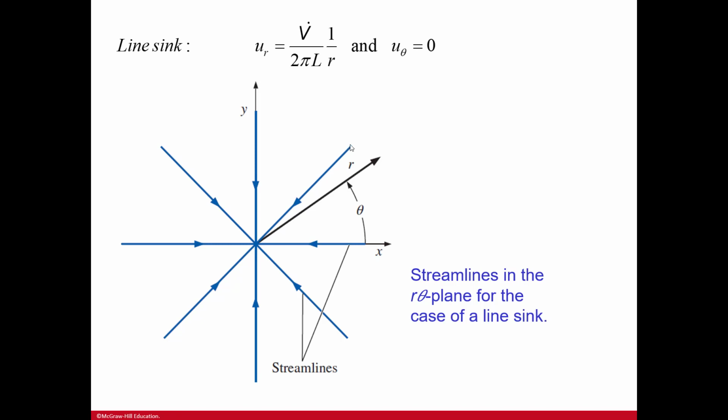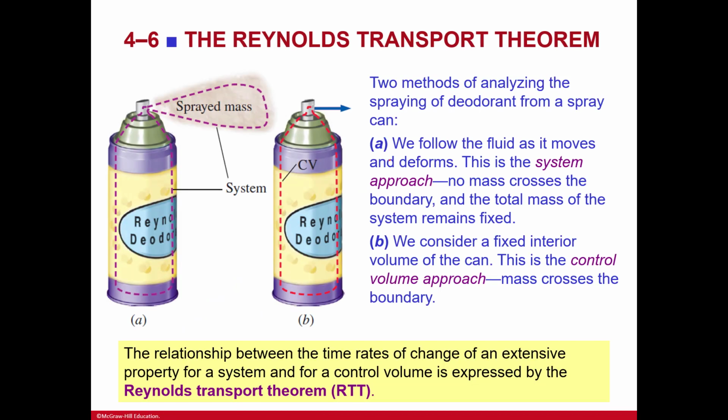You can see the streamlines are coming in here. So these are our streamlines, these are our flows, and then that line sink is going off of one streamline on an XY coordinate. And at that point is when the flow disappears.